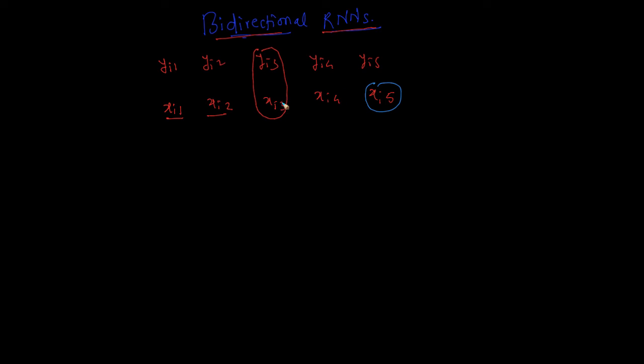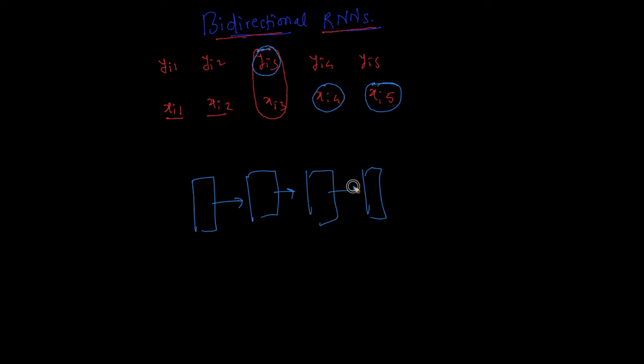That problem cannot be handled by the unidirectional RNN we have seen so far. yi3 can get input only from xi1, xi2, or xi3.